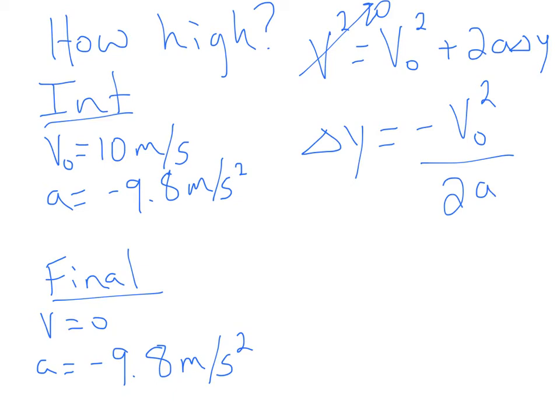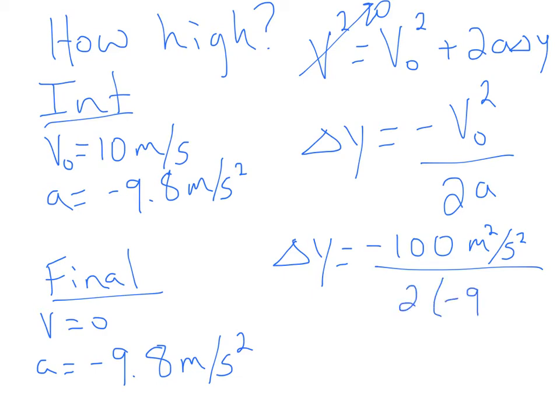So our delta y is equal to a negative 100 meters squared per second squared, and the units are squared because we're squaring the quantity, so the units get squared as well. And this is over 2 times a negative 9.8 meters per second squared.